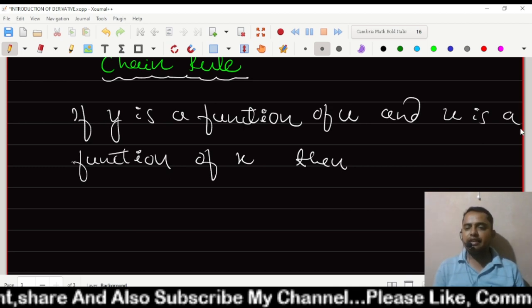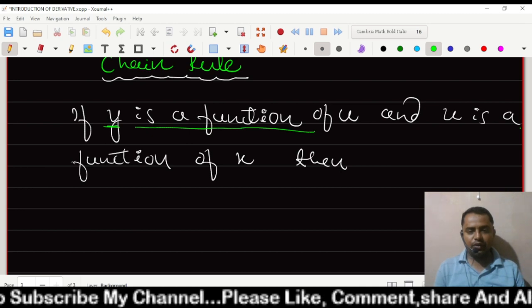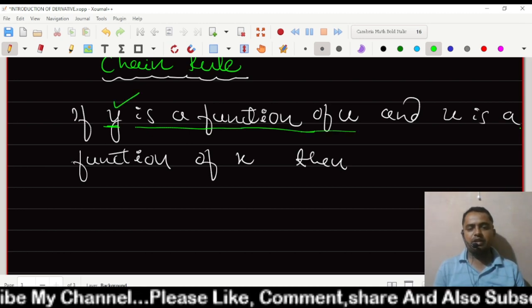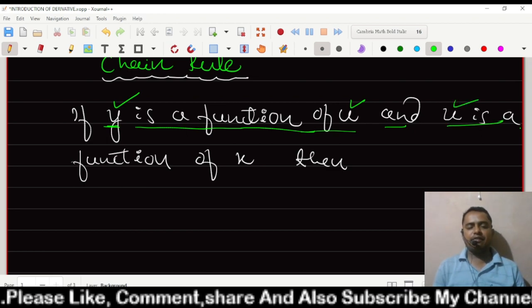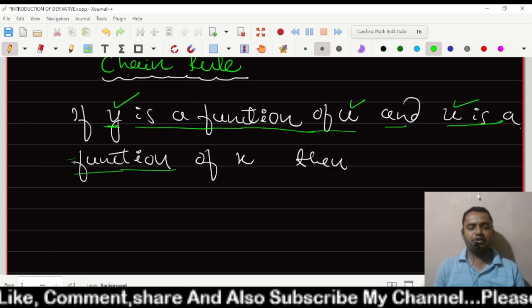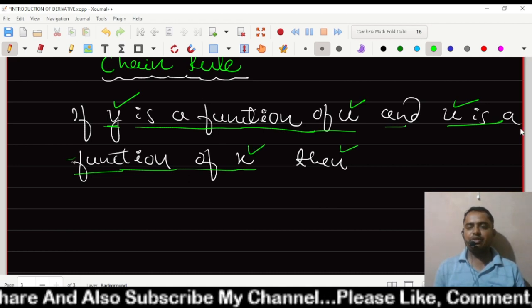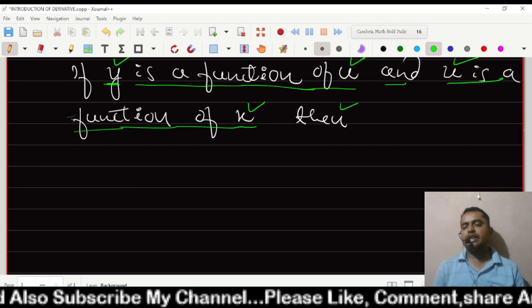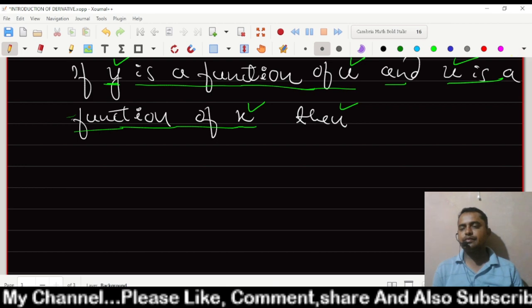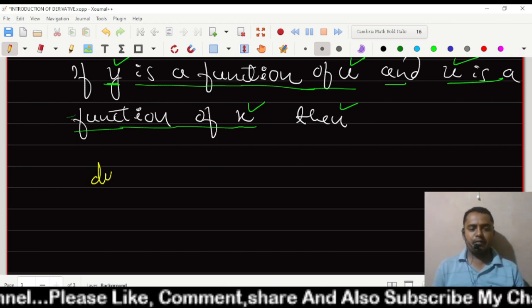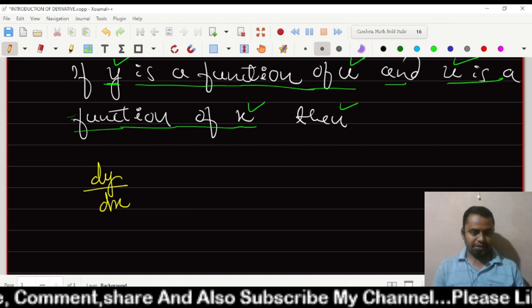Listen here once again: this y is a function of u, and u is a function of x, then dy by dx is equal to what?